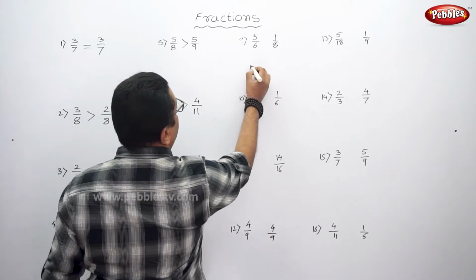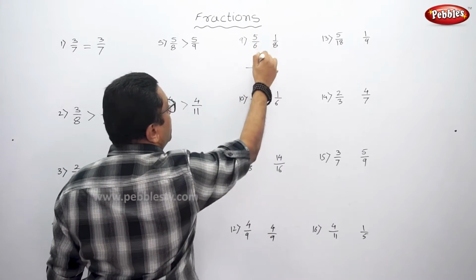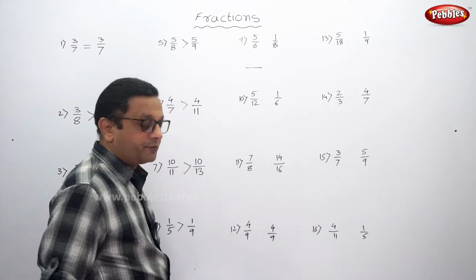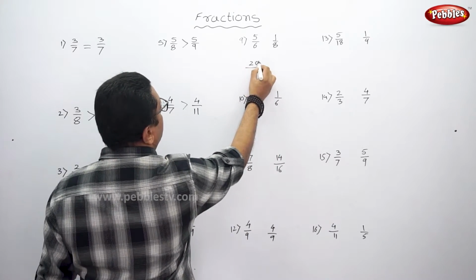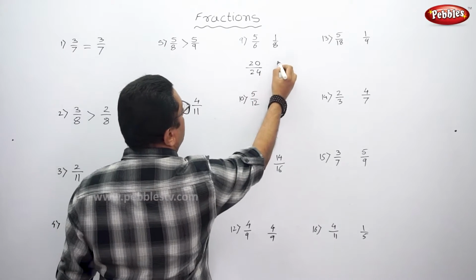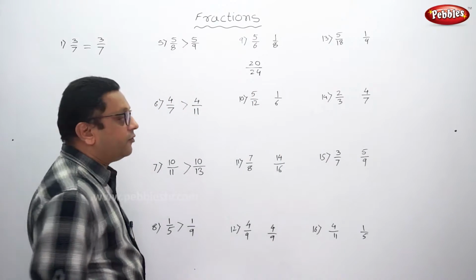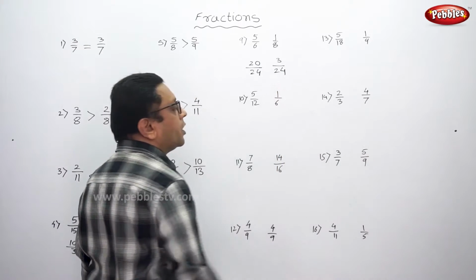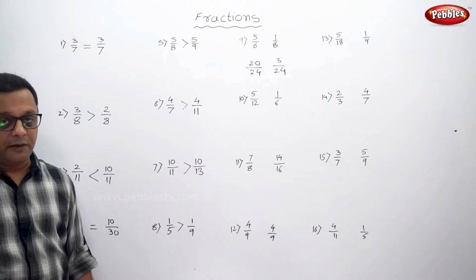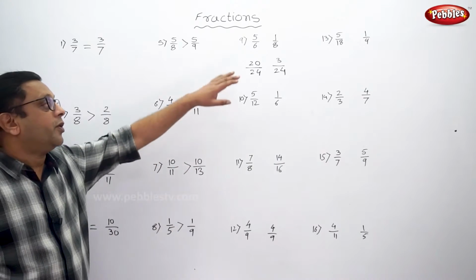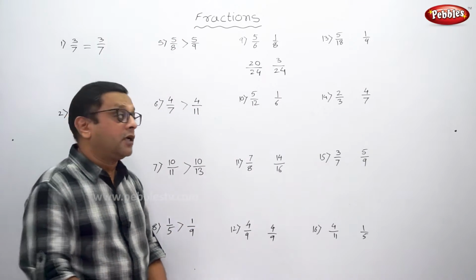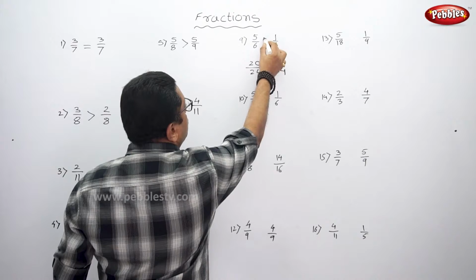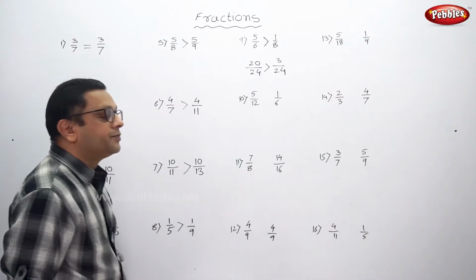So I have to multiply this by 4. So here I'll have 20 and 24, and here 8 3s are 24. So I'll have 3 and 24. Now my denominators are same. So the one whose numerator is bigger, that number is also bigger. So my answer is this.